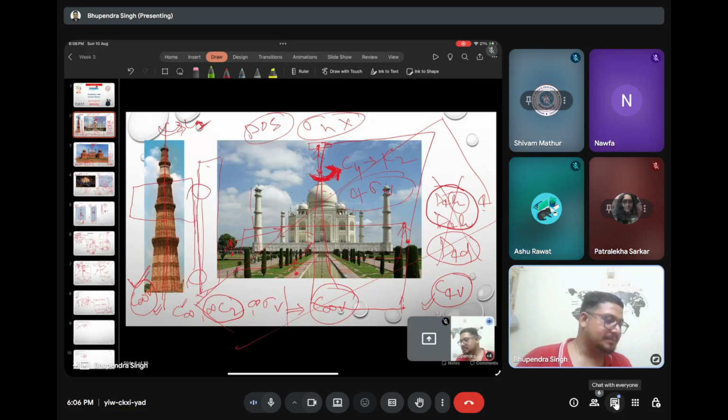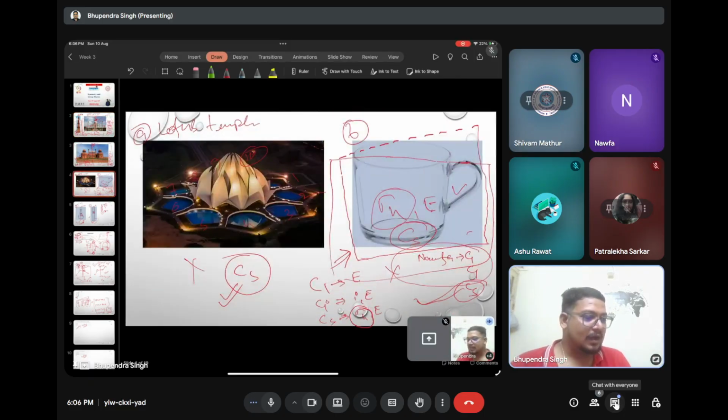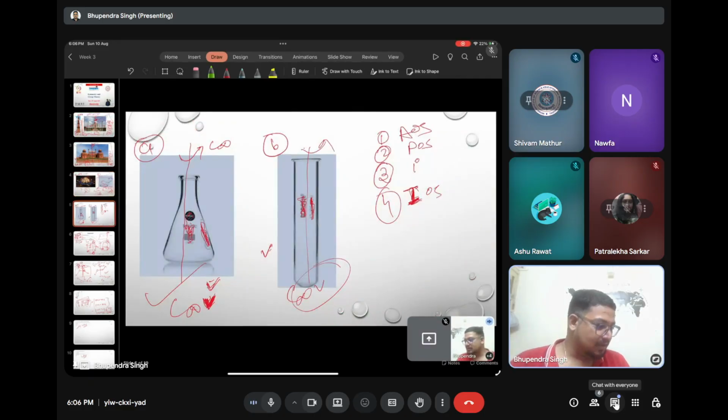And other examples like this Taj Mahal, Qutub Minar, Red Fort, Lotus Temple, Carp, Borosil, and this conical and this test tube. We'll see other examples also. So in the next class, we will have some interesting images, and then we will solve the point groups of these. I also have a lot of questions to solve, but this looks like you guys are reading this for the first time, so of course it will take time.